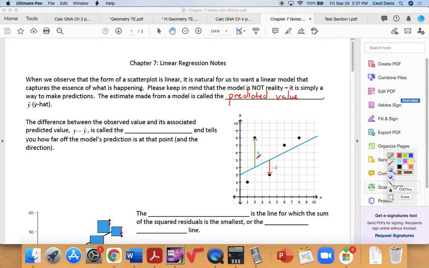Notice that some of the data points are above the line, some of the data points are below the line. The difference between the observed value, that is the actual value, and its associated predicted value, y minus y hat, is called the residual. And it tells you how far off the model's prediction is at that point and the direction.